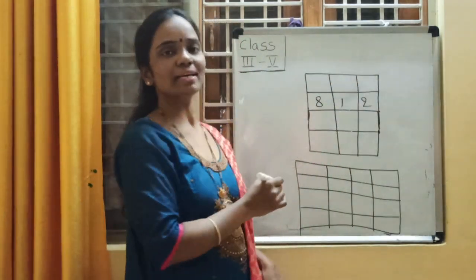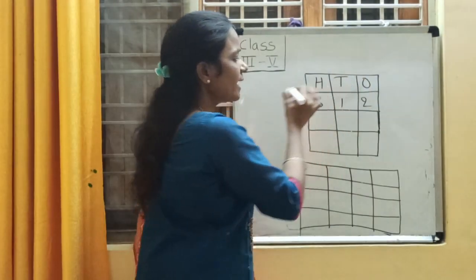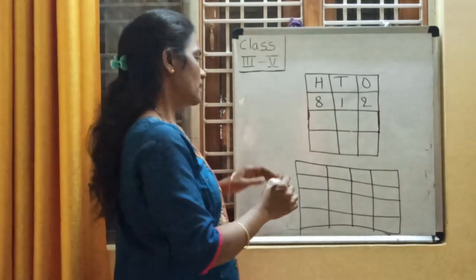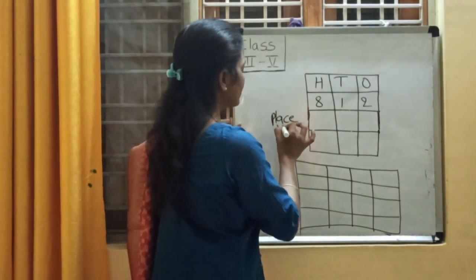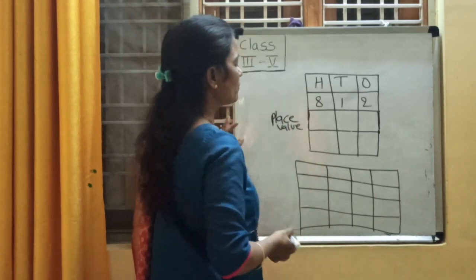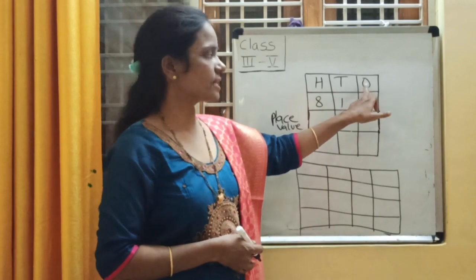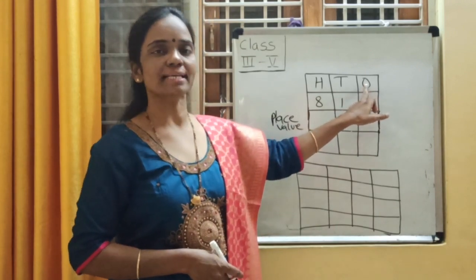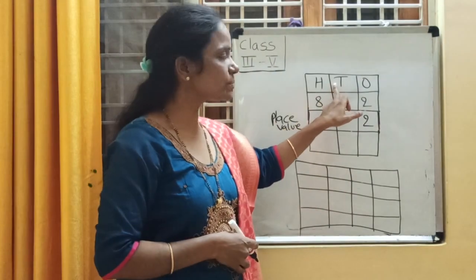First write down the places: ones place, tens place, and hundreds place. Place value of this number. First write down the place value of this number. As 2 is in 1's place, what is 2's place value? 2 ones are 2.